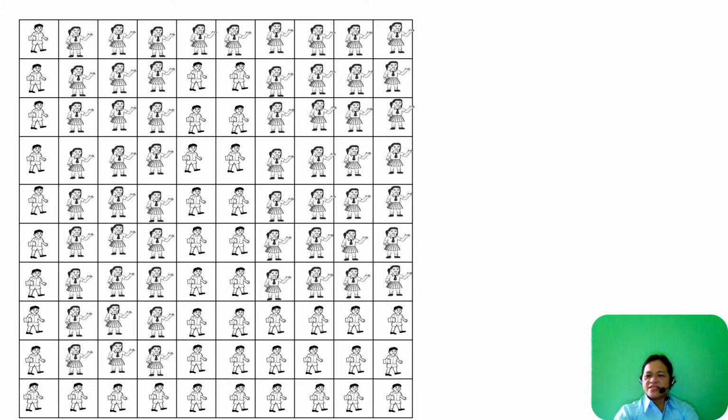Fasten your seatbelt. The tour about the lesson will start now. Study the illustration. Who do you see in the pictures? Very good. Where do you think they are going? Very good. Do you miss going to school? Why? Okay, very good.